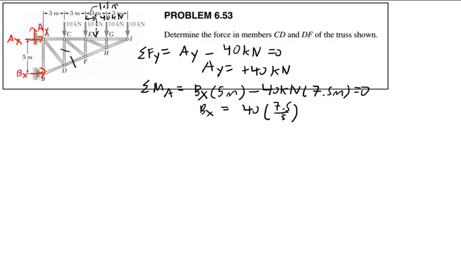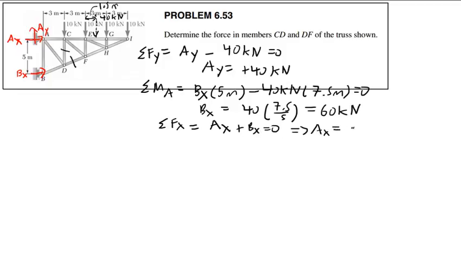This is basically 1.5, right? So this should be 60 kilonewtons. Is BX. By a sum of forces in the x direction, I'm going to have AX plus BX equals 0.